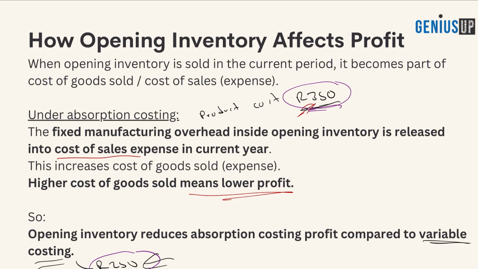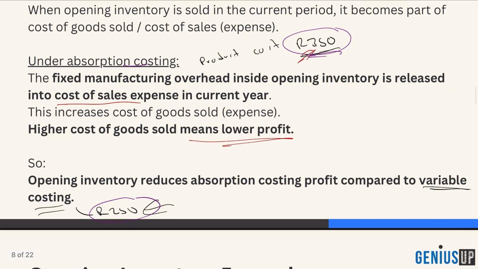Why? Because the fixed manufacturing overheads that were stored in inventory under absorption costing are going to be expensed this year, in the current period, when we sell these units.